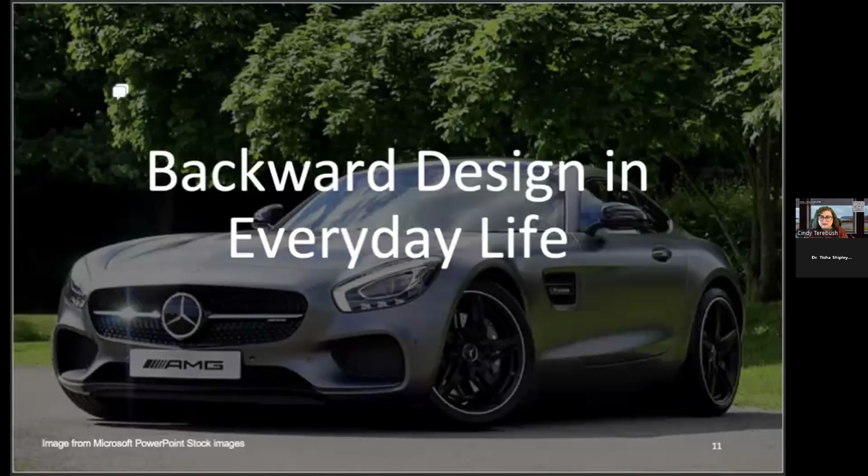On the screen, there is an image of a sports car, because the first thing I thought of when I thought about when do we use backward design in real life was the last time I bought a car. And no, I didn't buy a sports car. I bought an SUV, but I went through the same backward design process as I'm describing to you.